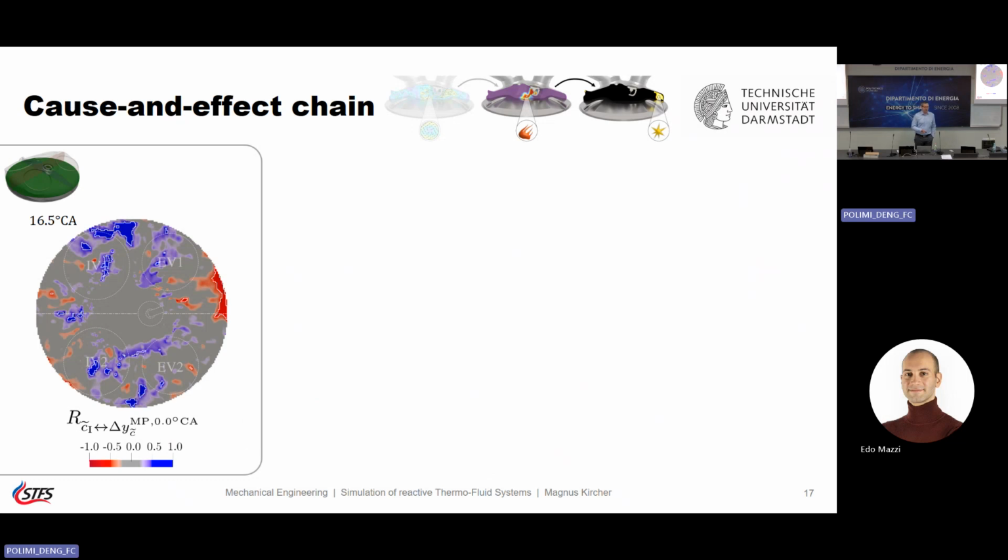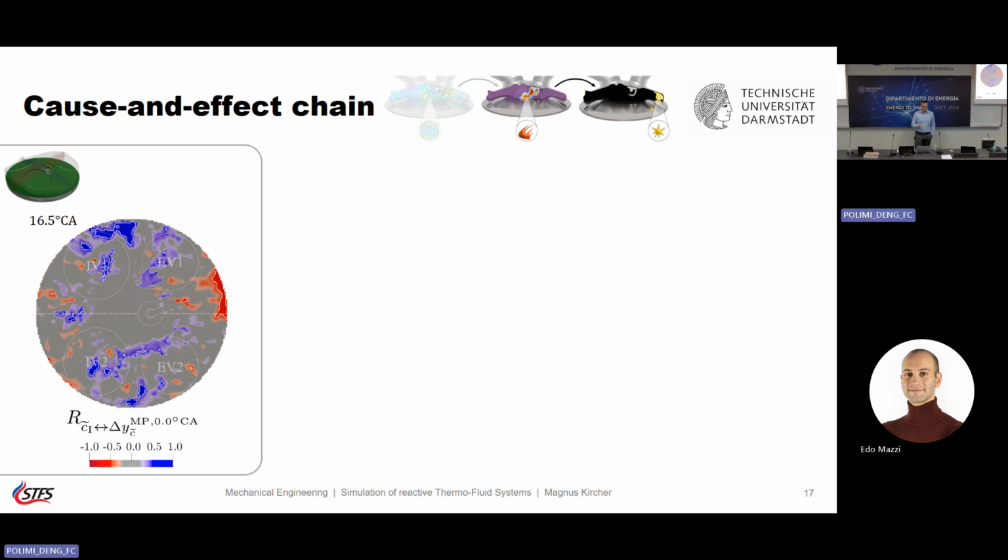What I did now was to calculate this Pearson correlation coefficient not globally, but locally, for every CFD cell. What is shown here is the correlation between the auto-ignition progress variable, CI, and this combustion feature of the flame width. There are two regions of interest: between the exhaust valves, in red, and between intake valve 1 and exhaust valve 1.